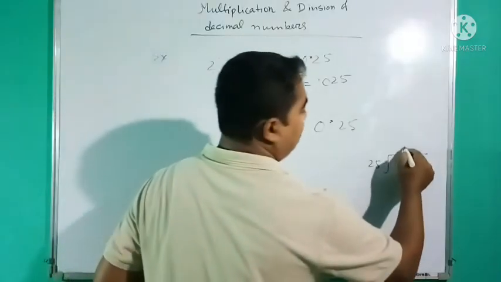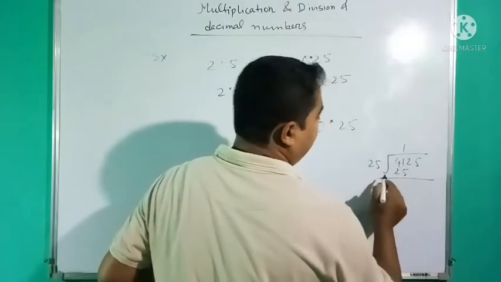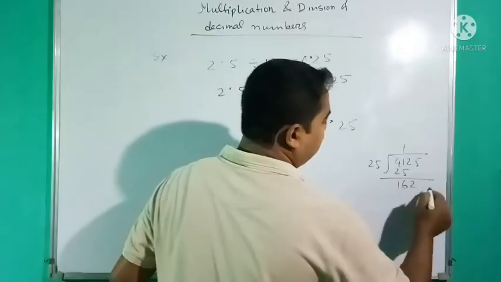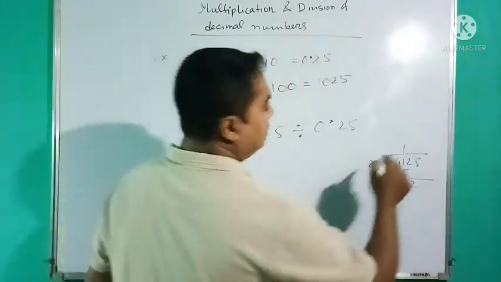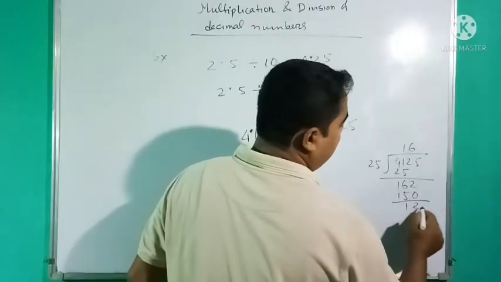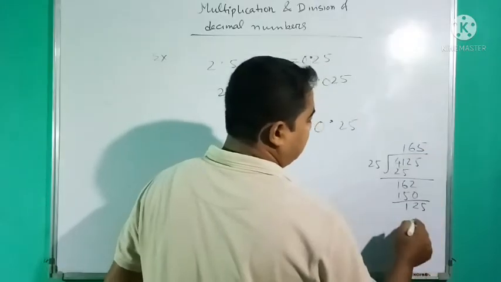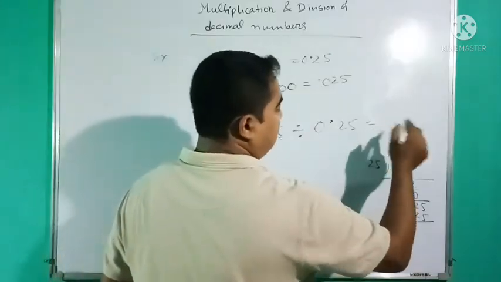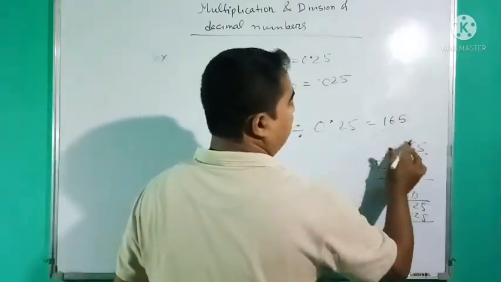How many times? Here one time. Then 25. Then 11 minus 5, 6, and 3 minus 2, 1. How many times? 6 times. Then 150. How many times? 5 times. Then 125. We got the answer 165.